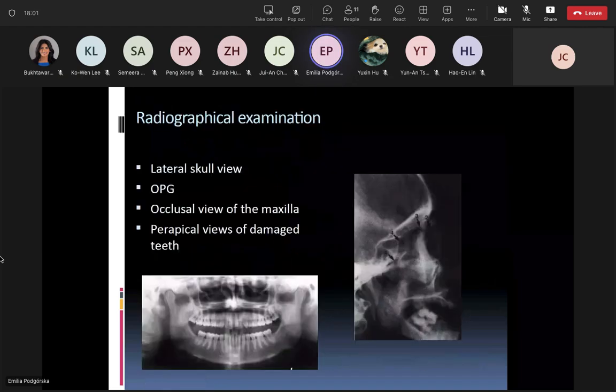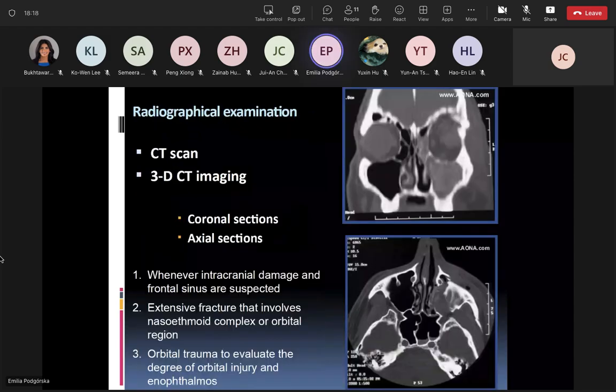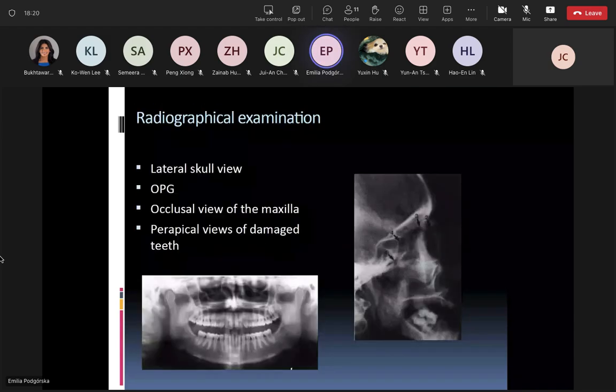We can also do lateral skull view, OPG, occlusal view of the maxilla, and periapical views of the maxilla. The best diagnosis to detect fracture of teeth.